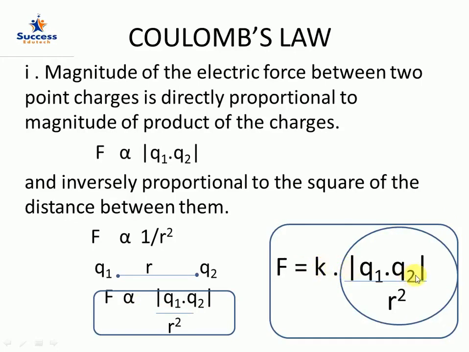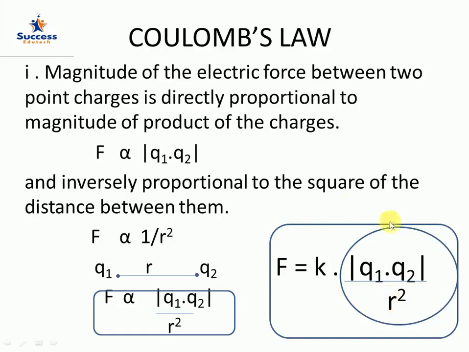And what are these mod operators? Mod means independent of the sign, that is Q1 may be negative or positive, Q2 may be negative or positive; only the magnitude of the product will be taken and it is divided by the distance square.